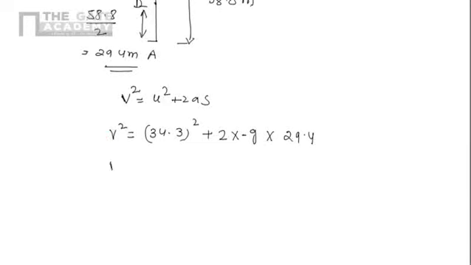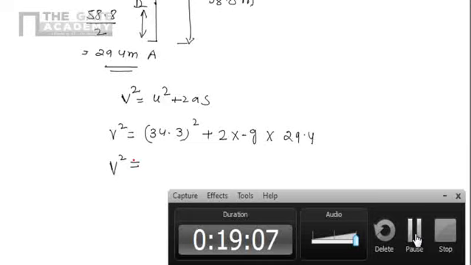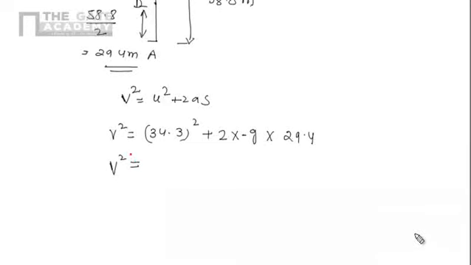If we write it like V square equals, 34.3 square is nothing but 1176.5 minus 2 into the value of G, 9.81, into 29.4.